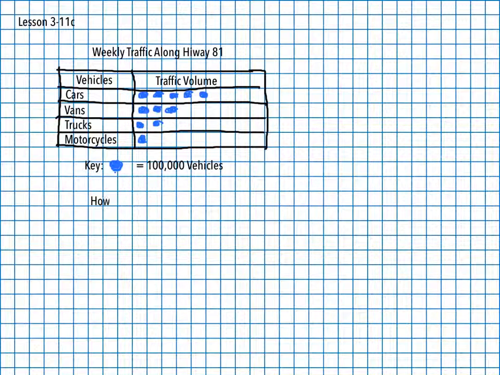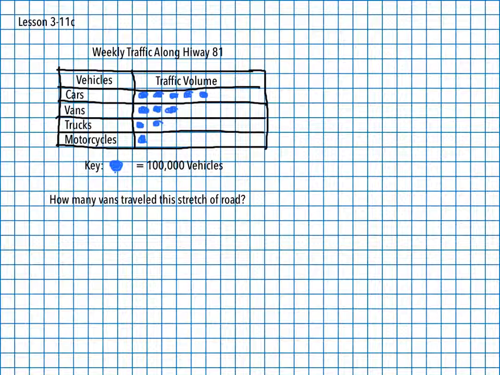Our first question is, how many vans travel this stretch of road? So why don't you take some time, think about it, look at our scale, and figure out how many vans.